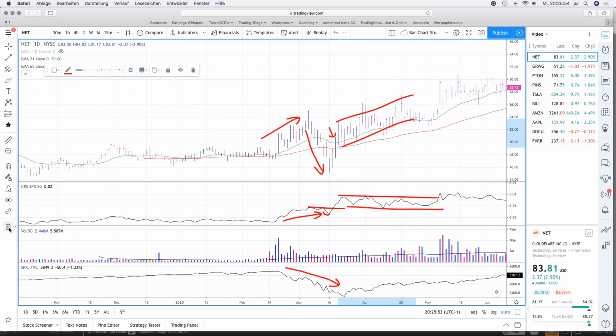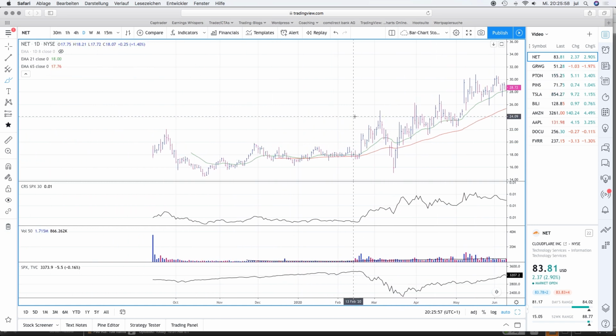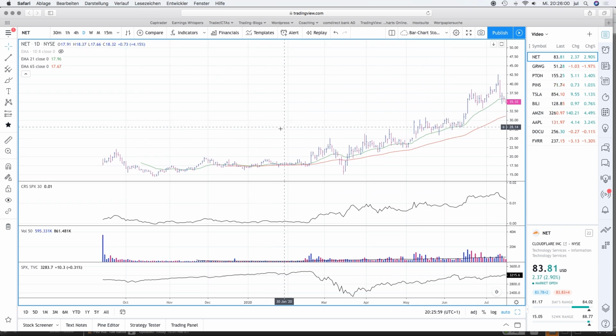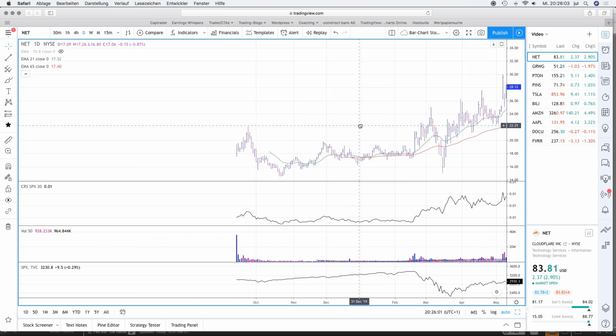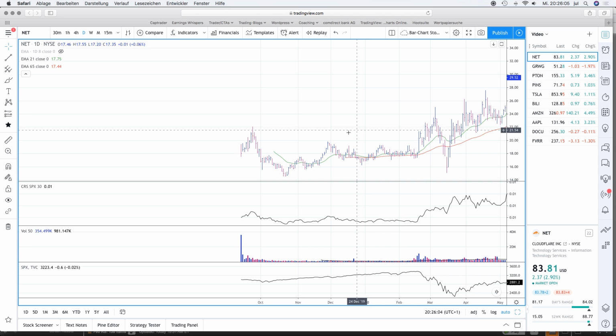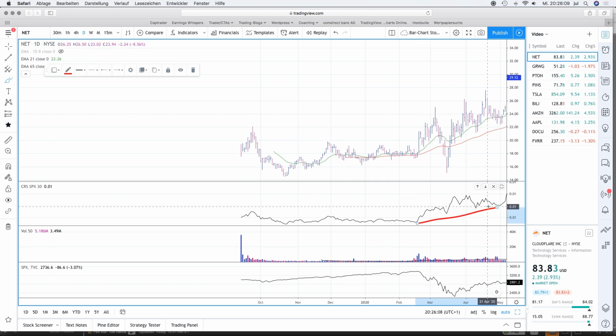But, and this is something I also want to add here, you must always see that in relation. So when I go back here, for example, you can see that the RS line is still in an upward trend, still an uptrend. And yes, it's going sideways a little bit, but it's very close to the highs.